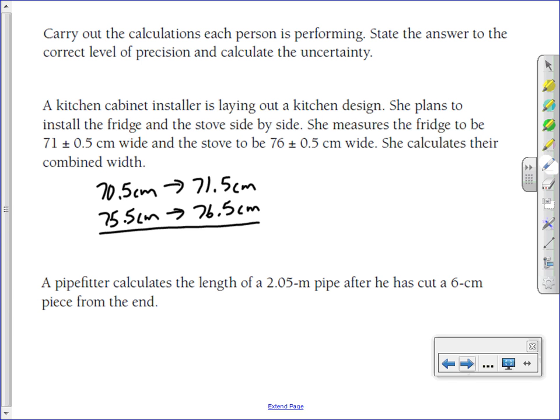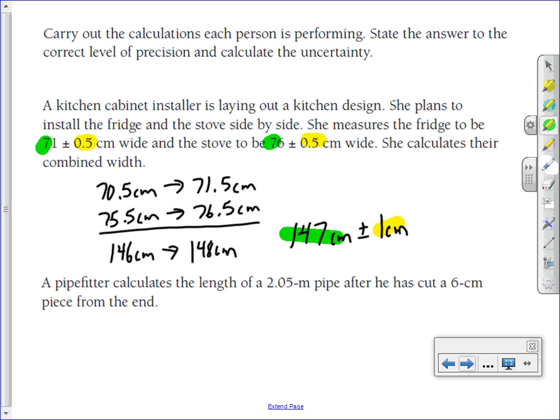So 146 centimeters to 148. And you see, if you think of the middle number there, you add them together, that's 147 centimeters plus or minus a centimeter. And you'll notice that this value corresponds to this, and this value corresponds to those added together.